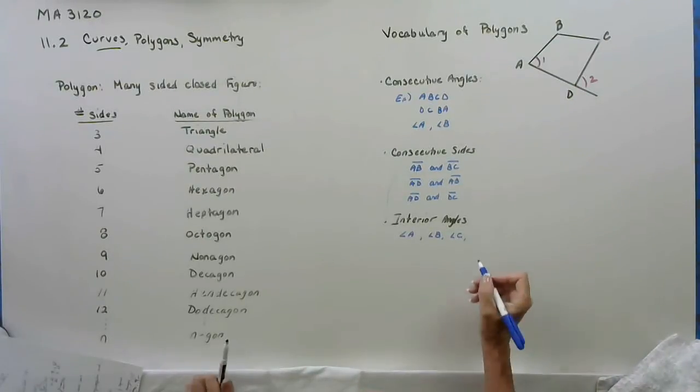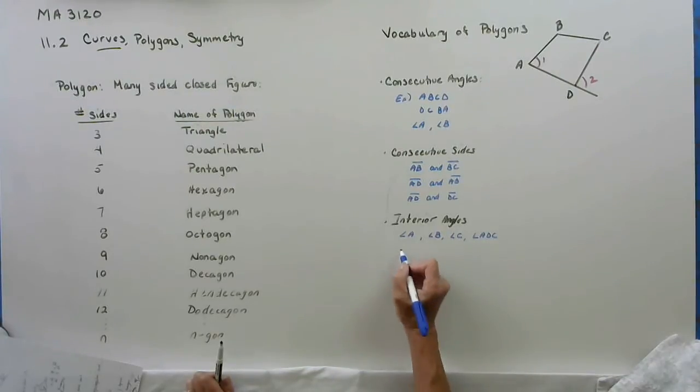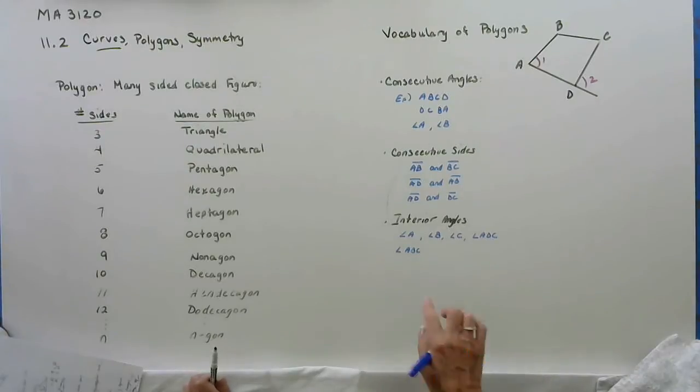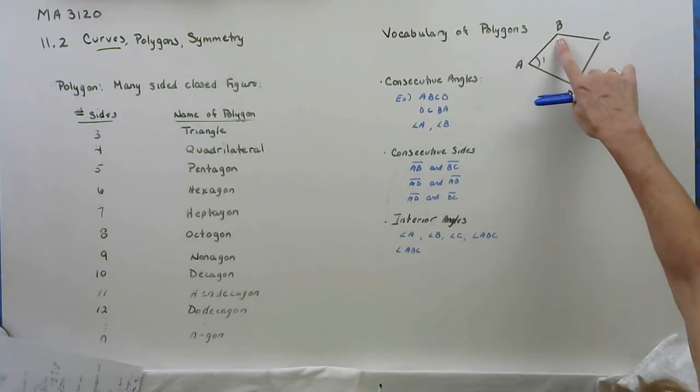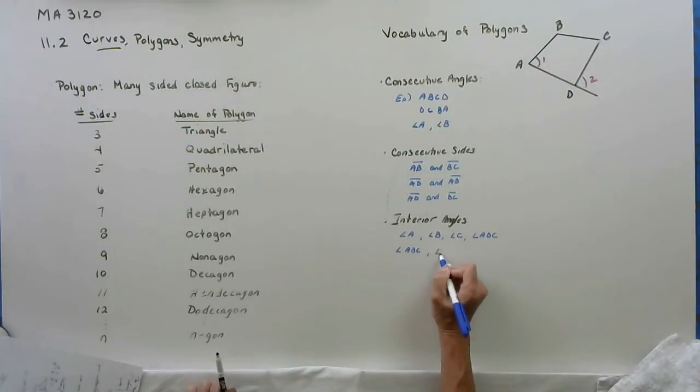So maybe I say angle ADC. Or I say angle ABC. Since B is in the middle, that would be the vertex. I could also say angle 1, because I did list one of them by a number. So anything that's on the inside.